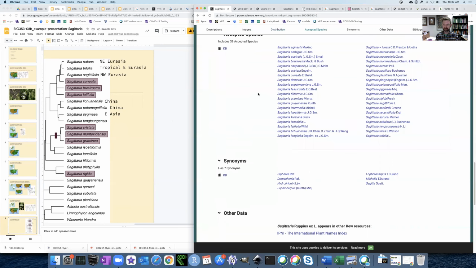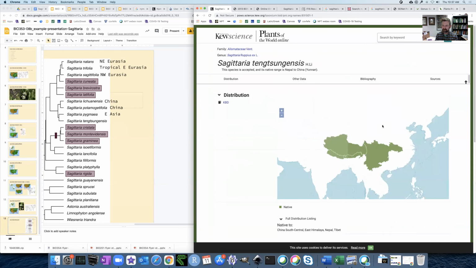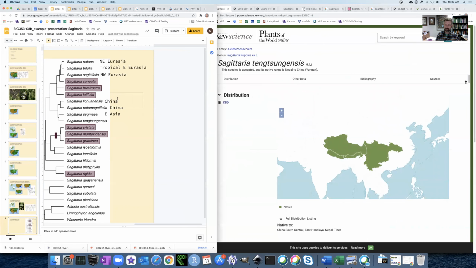Europe and Asia connected, one big continent. Tengsunensis, I'm going to say also China. Not strictly China, I guess, I don't know all of my countries. That's not all China there. Wait, they'll tell you.